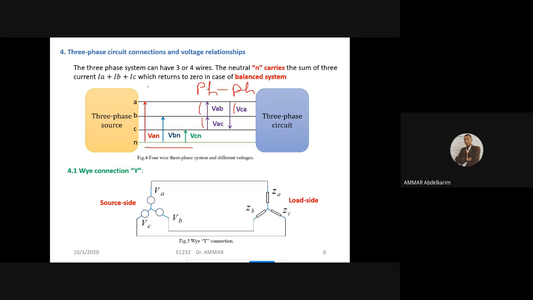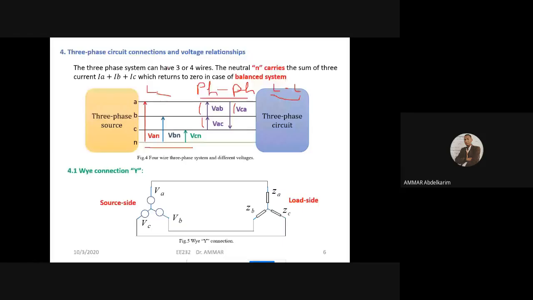We can call them line voltage, or also line to line. It depends on the reference and the books. Some books call them line to line, some call them phase to phase, and some call them line voltage. But in order not to get confused, let's use this.